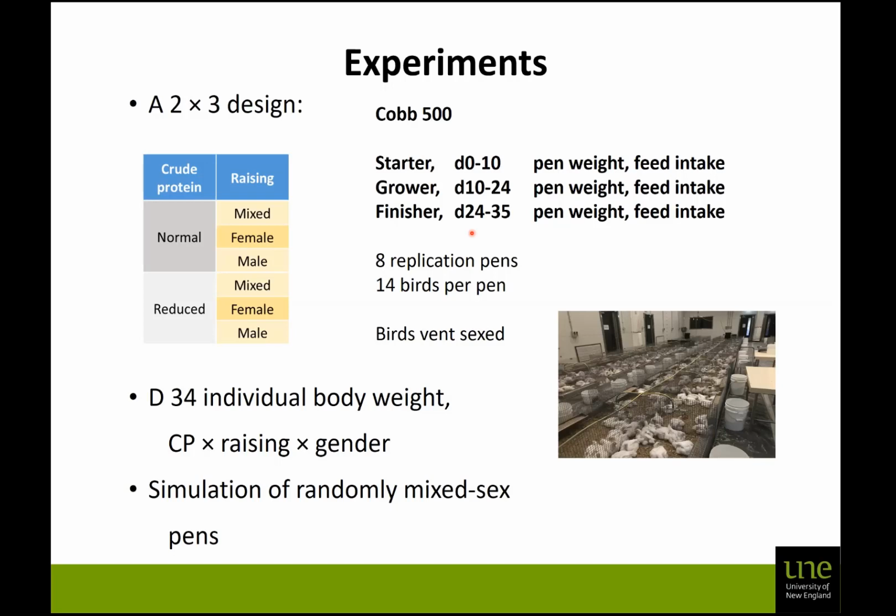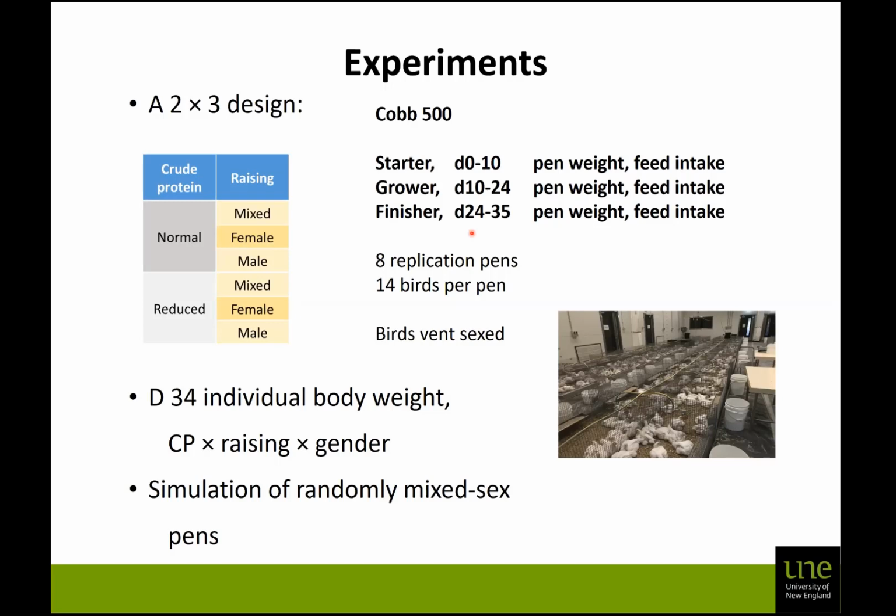At day 34, we also measure the individual body weight of the birds so that we can look at the individual response by protein level and the rearing system, and we can look at male or female birds' response.